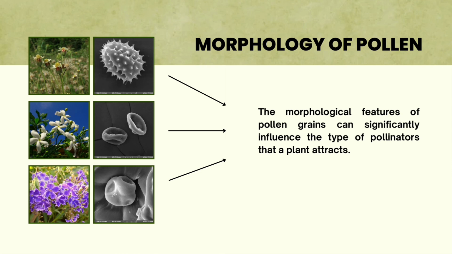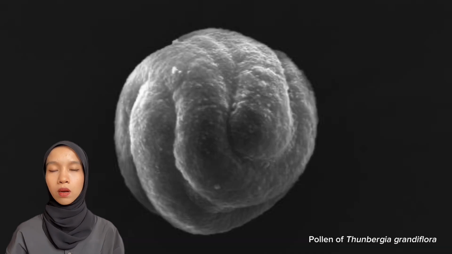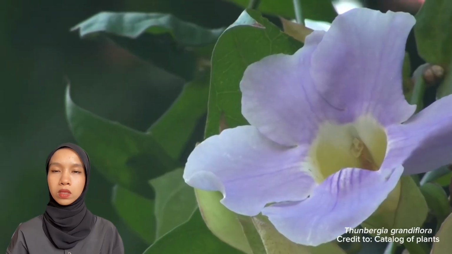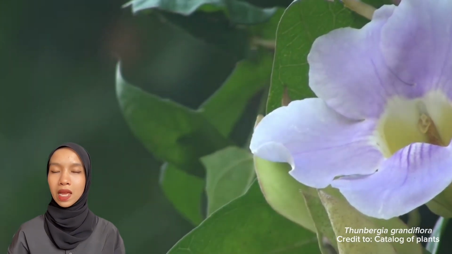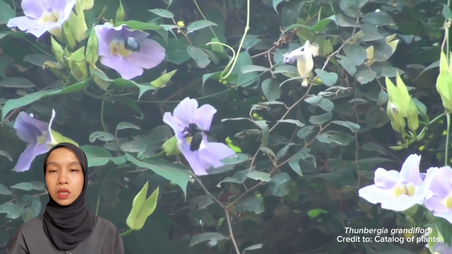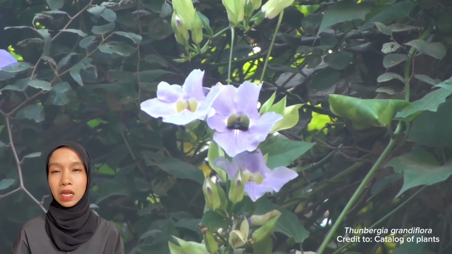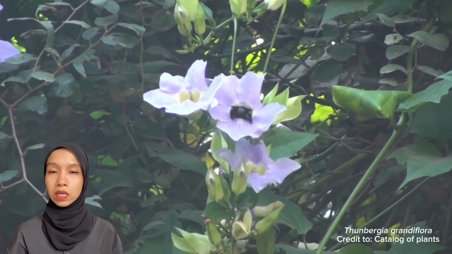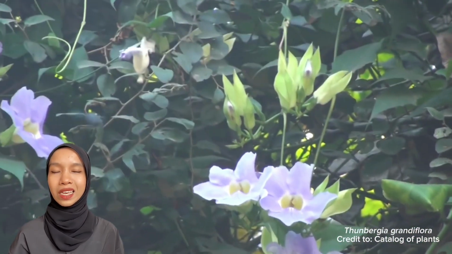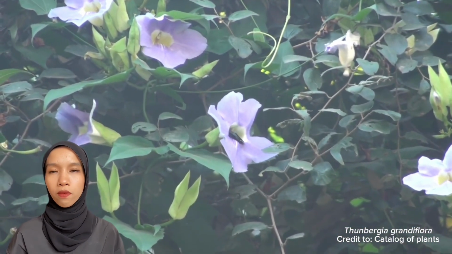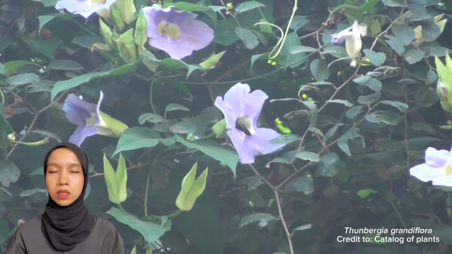Firstly, the shape influences the pollination of pollen. The pollen of Thunbergia grandiflora has a spheroidal shape. Spheroidal pollen grains are round and can be less aerodynamic. So, the shape of Thunbergia grandiflora pollen is not aerodynamically designed for effective wind distribution because it needs the streamlined shape required to maximize its wind travel distance and minimize air resistance.